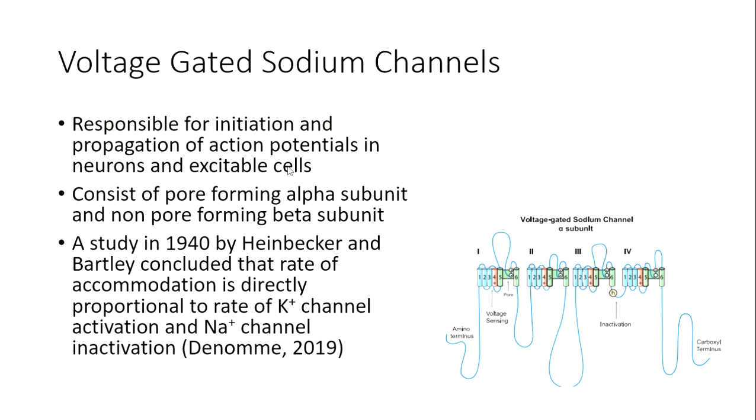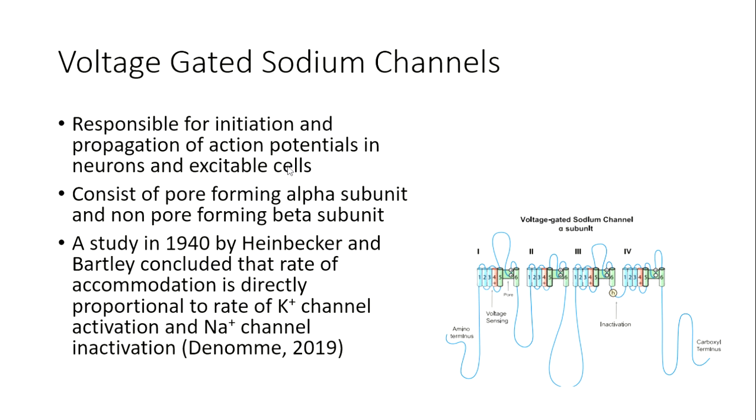Alright, since voltage-gated ion channels could be a possible target for halogenated ethers, I'm going to get into the characteristics and mechanism of voltage-gated sodium channels. These are basically transmembrane protein complexes that are responsible for both the initiation and propagation of action potentials in neurons and other excitable cells.